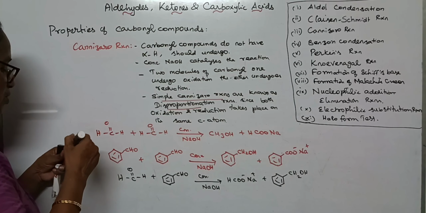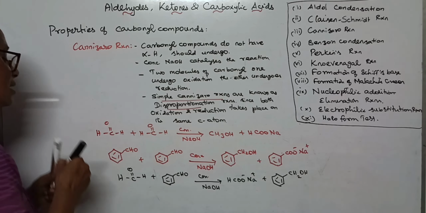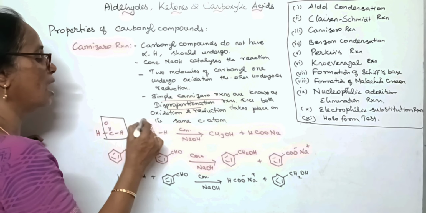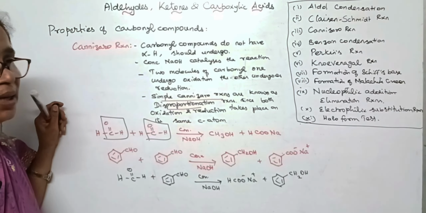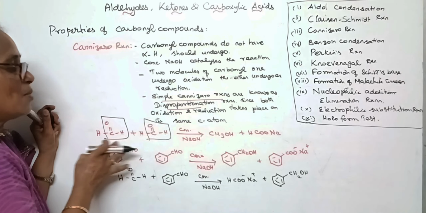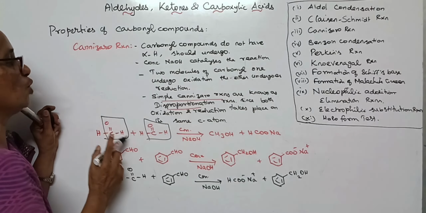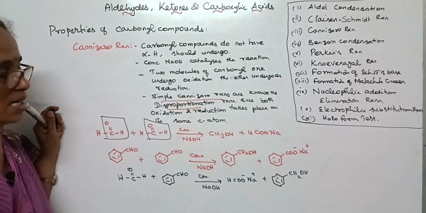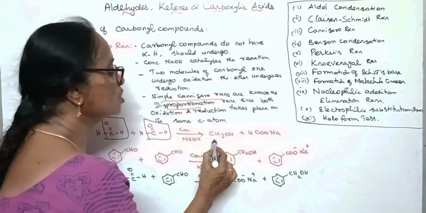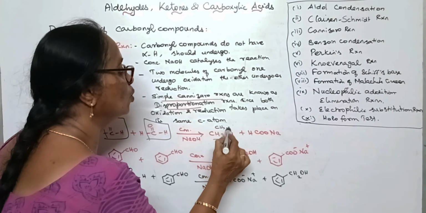Formaldehyde has only the CHO group and no other alkyl group. So it does not contain alpha hydrogen atom because there is no alpha carbon. When both of them are similar aldehydes, this is said to be simple Cannizzaro reaction. In presence of a base, one of the aldehydes is reduced to CH2OH.